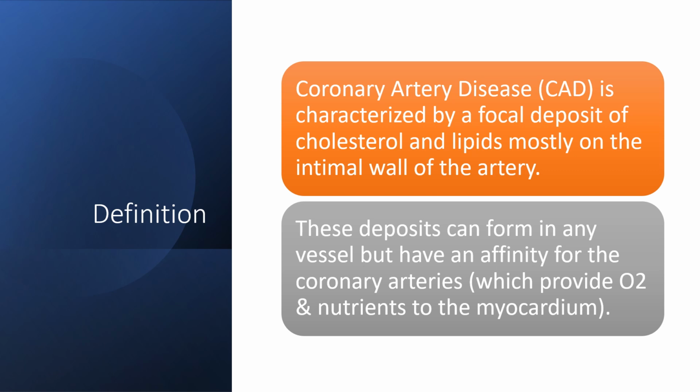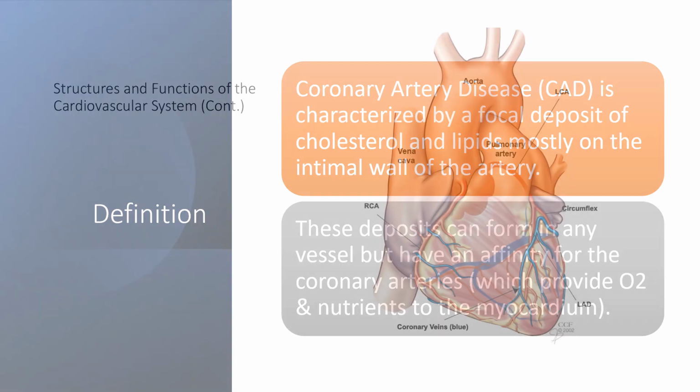Once they form in the vessel, and they tend to have an affinity for the coronary arteries due to their location and their diameter, those lipids and cholesterol tend to like the coronary arteries and can get deposited, causing physiological changes to those coronary arteries, resulting in coronary artery disease.